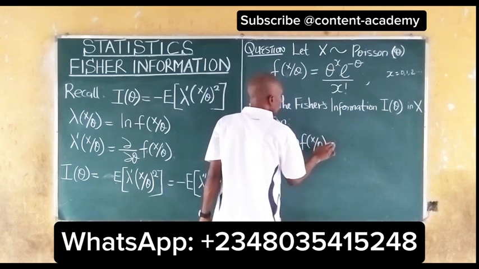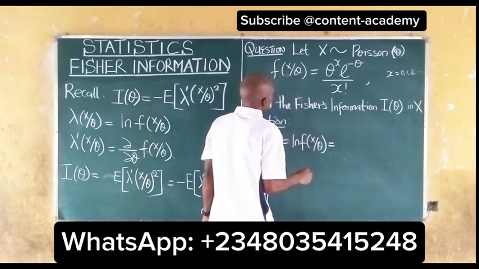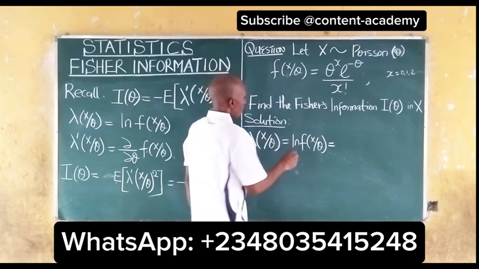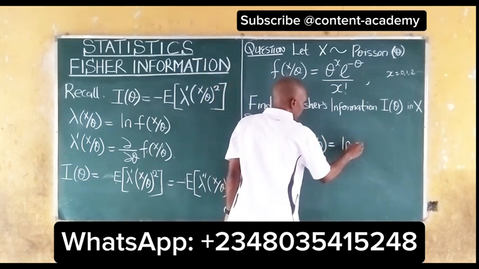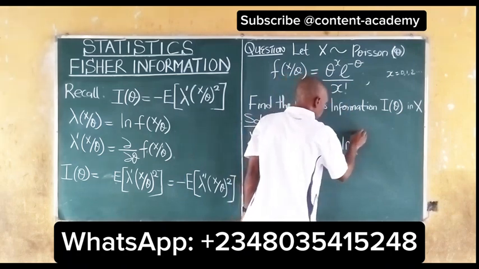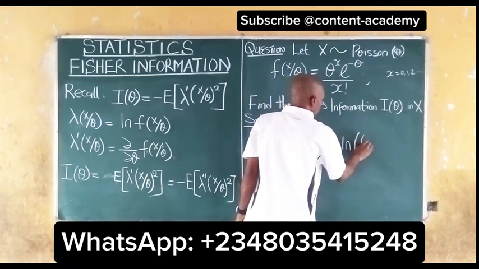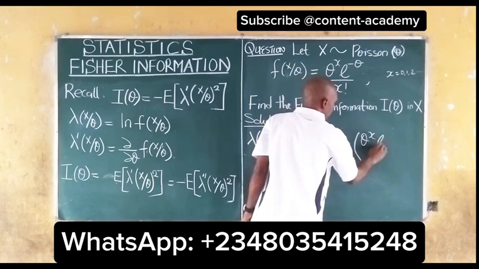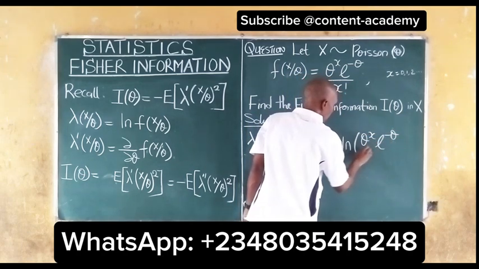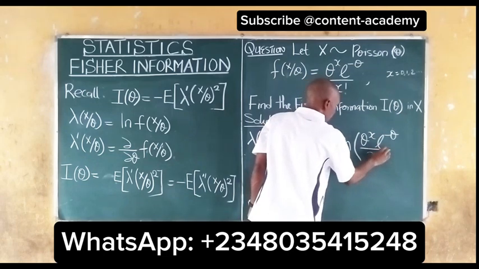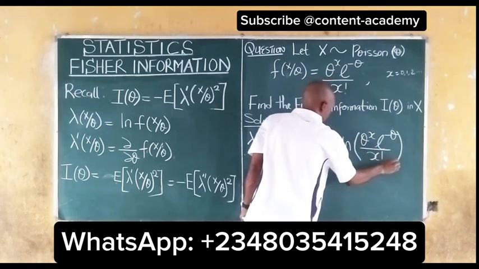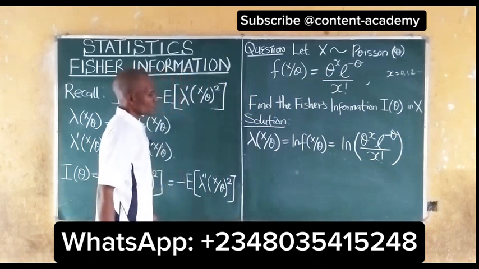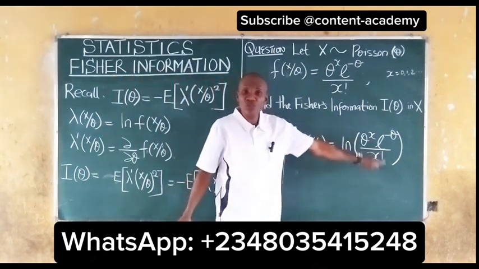This is equal to the log of theta to the x, exponential negative theta, all over x factorial. So we are taking the mean function of what we have here.